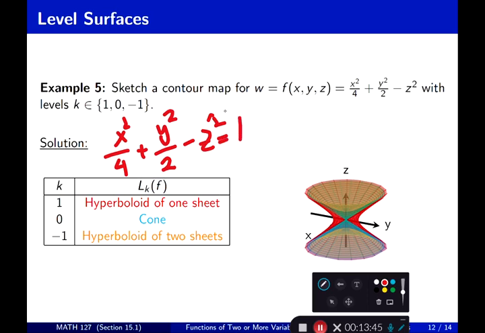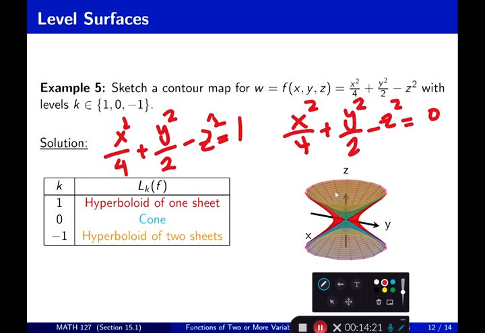And this is going to be a hyperboloid of one sheet, because if I take z squared to the other side, cross sections exist for every z. Now if I put this equal to 0, x squared divided by 4 plus y squared divided by 2 minus z squared equal to 0, and take the z squared to the other side, I get a cone. And if you set it equal to -1, you get a hyperboloid of two sheets.